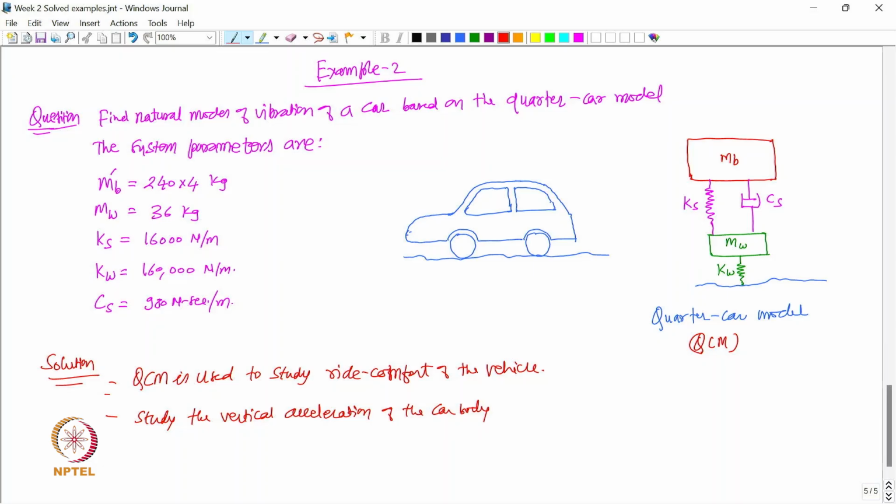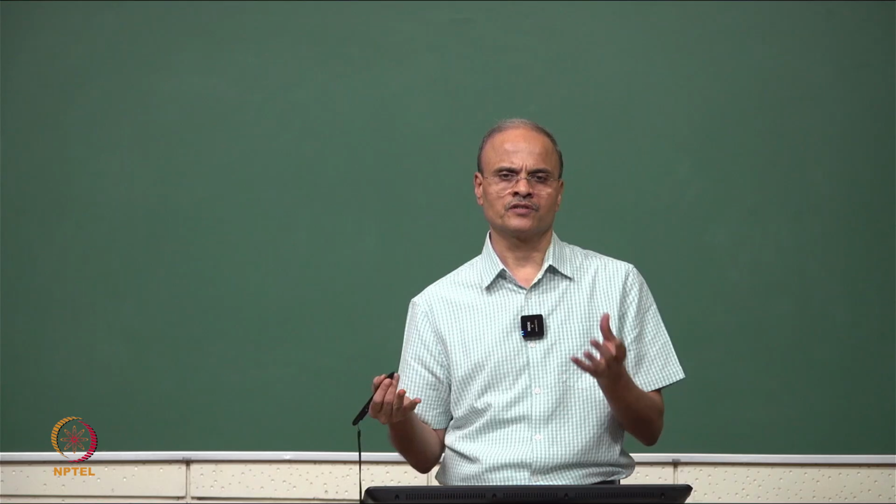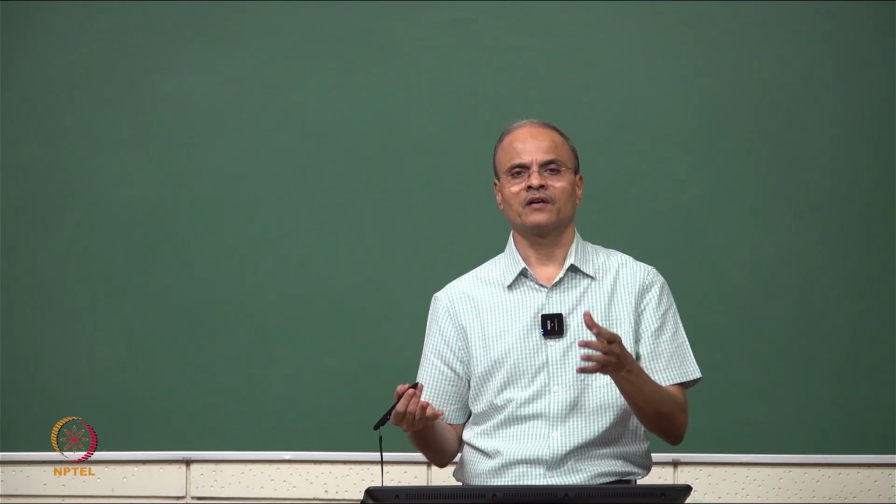That is why we wish to study the vertical acceleration experienced by the car body due to movement over an irregular road, which causes the base excitation, and then there would be forces due to the whole machinery of the car, engine, powertrain, gearbox, everything, which will also excite the car body.